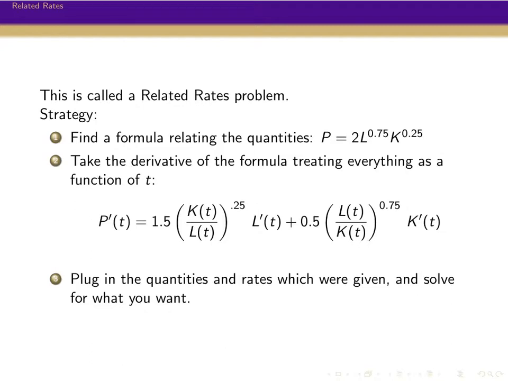So plug in the values of the function and values of the derivatives, which were given in the problem, and solve for what you want. Okay, so I know this is an awful lot to go through at once. I'm going to be doing another video with some more examples on this for the beginning of next week. But this was just to give you a taste of this right now.